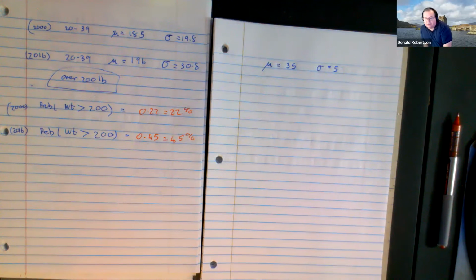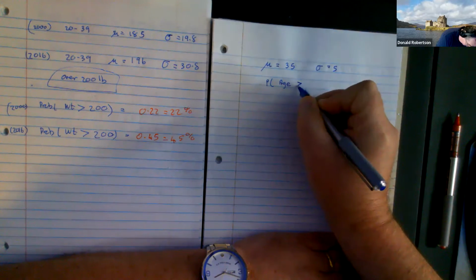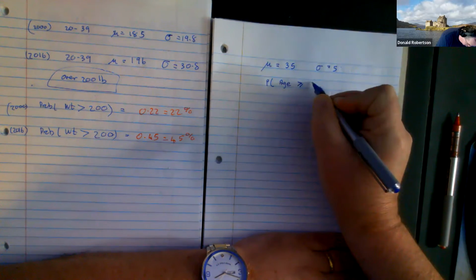So I've got a lot of data, and the average age of somebody who plays golf is 35, and the standard deviation for that group is 5. And I would like to know what's the probability that a person who plays golf has an age greater than or equal to 60.